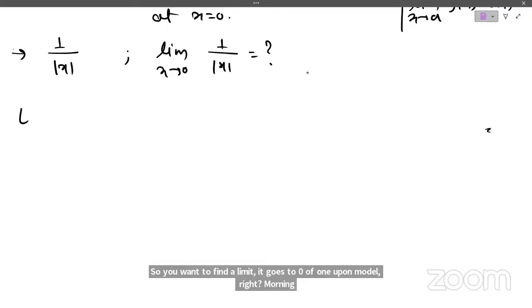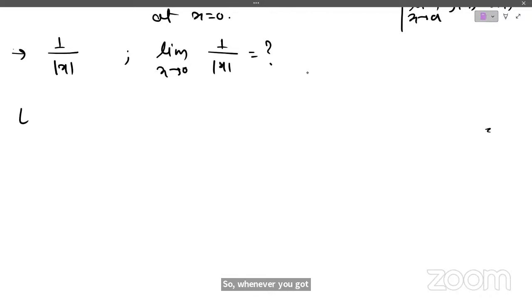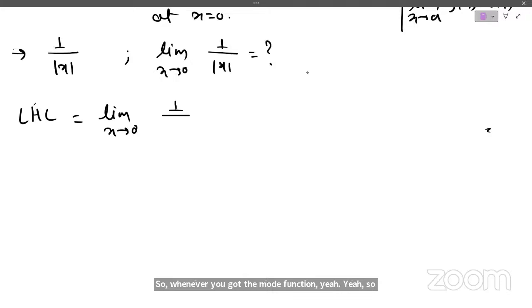Whenever you take the left hand limit, the mod function also goes to infinity. The left hand limit is x goes to 0 minus, where mod x behaves like minus x, so we have to take 1 by minus x. So this goes to plus infinity, no, 1 by minus x goes to minus infinity? It won't go to plus infinity.